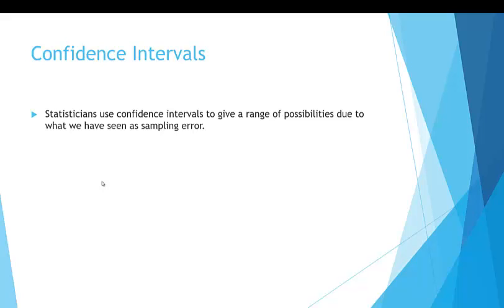error. The best way that you see this is when you're watching the news and they give a poll and they say so-and-so is ahead in this election 47 to 45% with a margin of error of 4%. That margin of error is reflecting the confidence interval, and it's an indication that not every voter was surveyed.